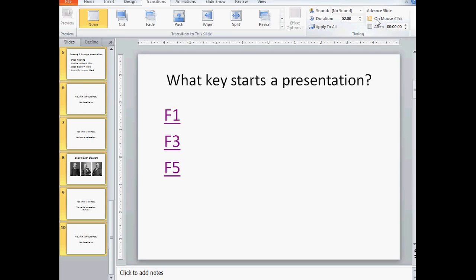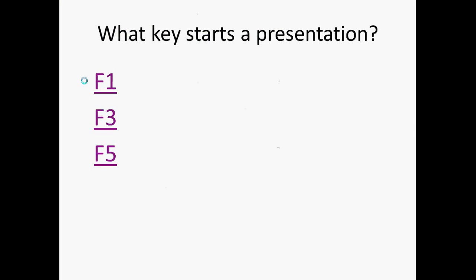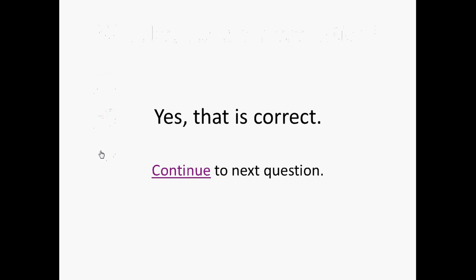I don't want them to advance on a mouse click. I only want them to advance if someone clicks on the right answer. So now if I start my presentation all over, if I click on the word presentation, if I click any blank space, nothing happens. But if I click the correct answer, I get the correct answer.